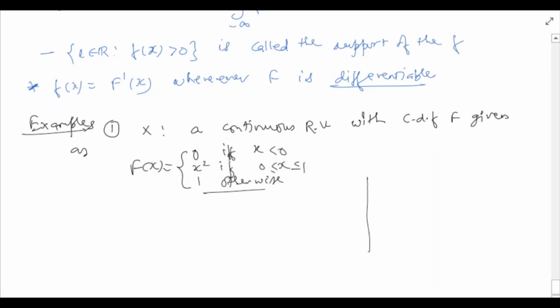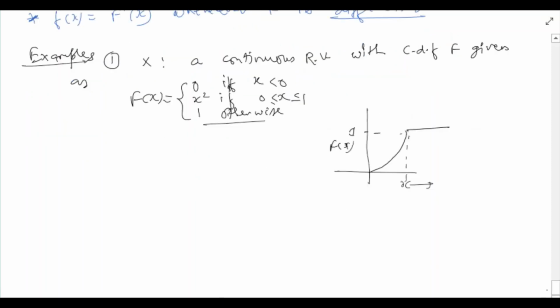If we plot the CDF, it looks like this. This point is 1, so is this. As we can see, this CDF does not have any jump, it is continuous, so x is a continuous random variable.